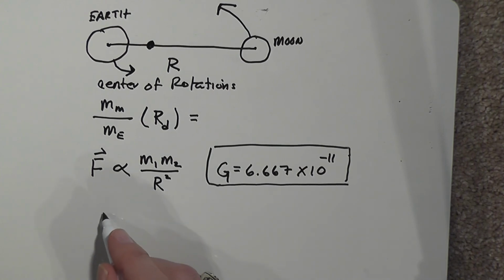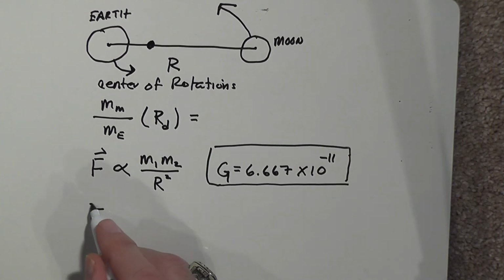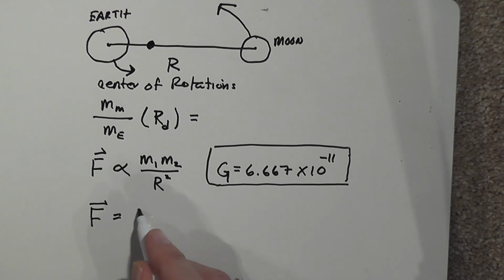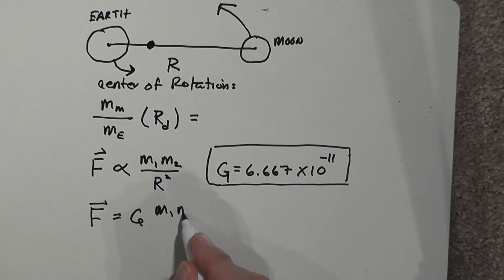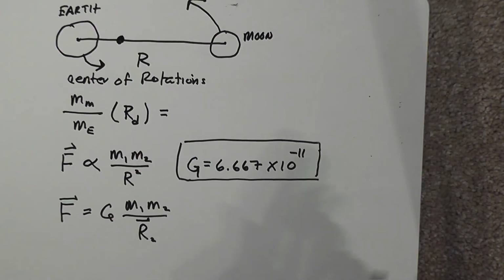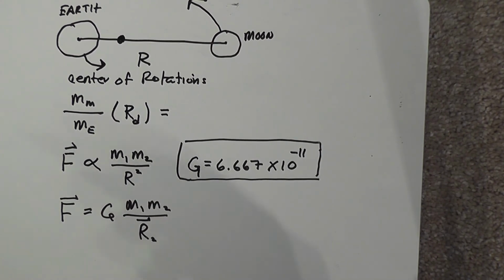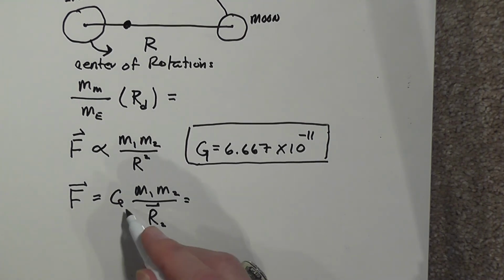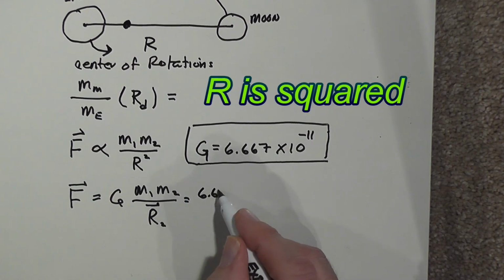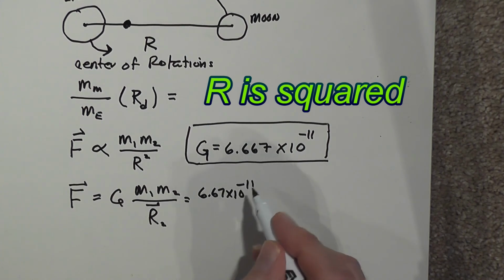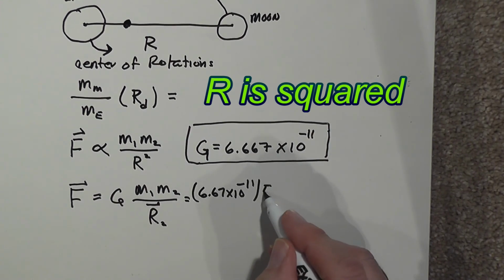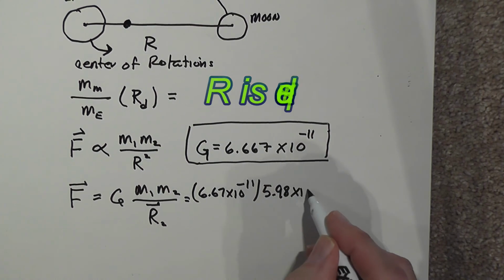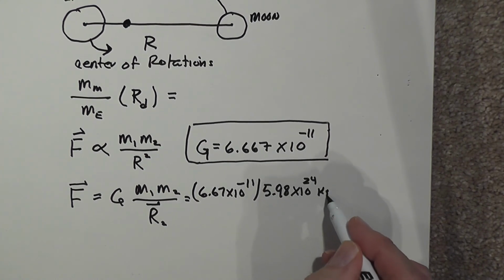So Newton's equation is a vector, G times the product of two masses, the inverse of the square of the distance, which is a vector. Okay, so let's take a look and find out what is this force between the Earth and the Moon. Okay, so first of all, we have 6.67 times 10 to the negative 11, that's G. Then we have the mass of the Earth in kilograms.